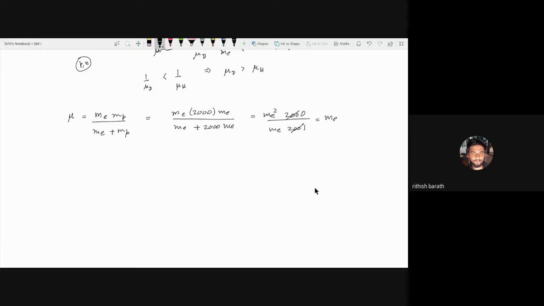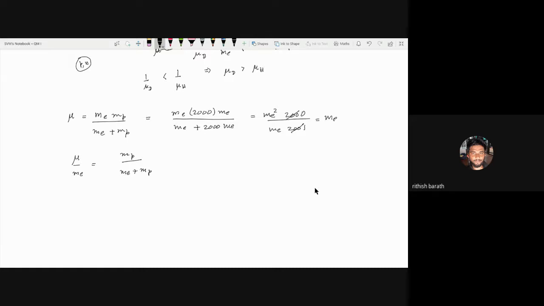So now mu by me is equal to mp divided by me plus mp. Basically, this can be neglected.